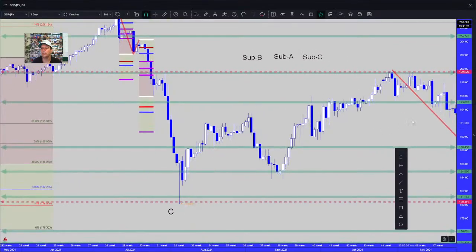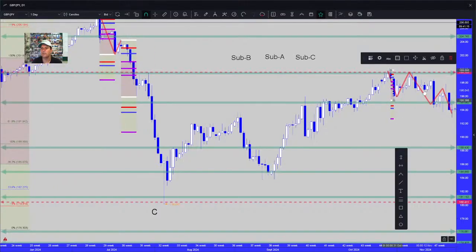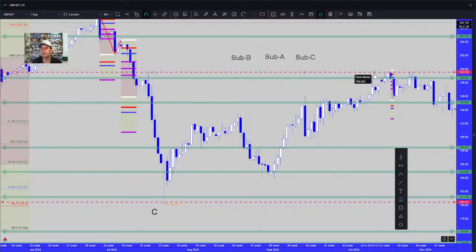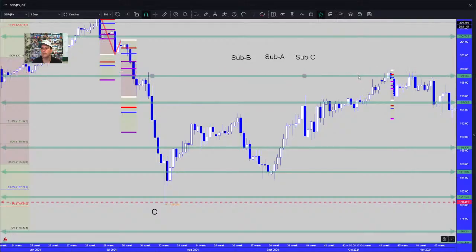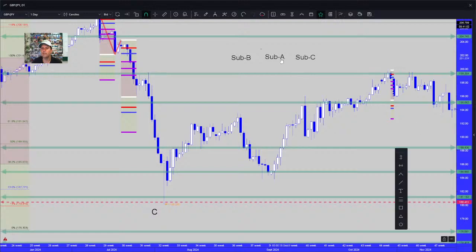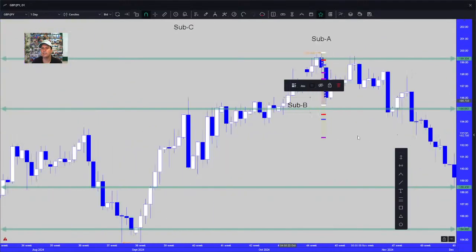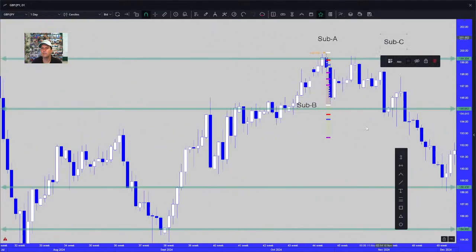But here I'm going to see the market's making lower lows, lower highs again, right? So this would be reasonable. Knowing that retracements are riskier, I'm going to chart the contrarian Fibonacci again, sub A, sub B, and try to take advantage. Why not? So I would have sub A, sub B, sub C.